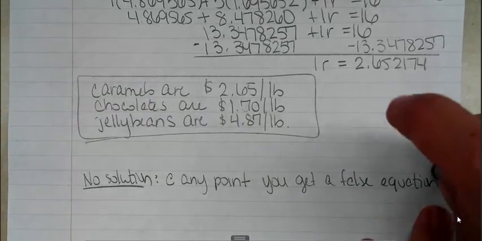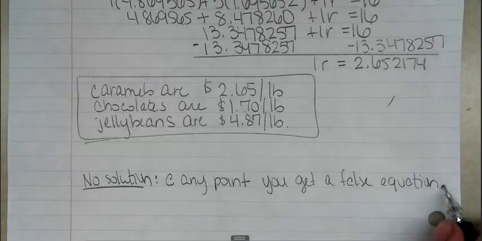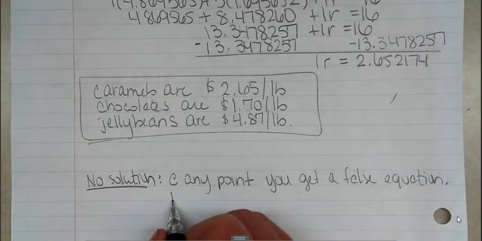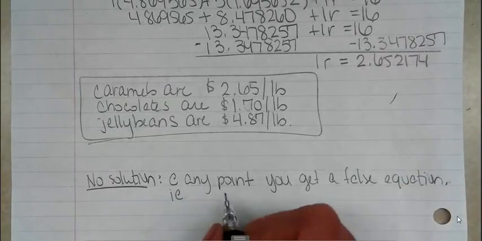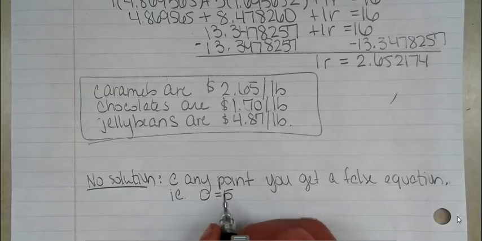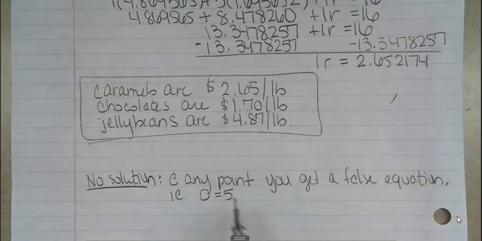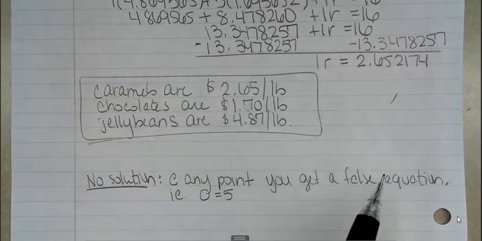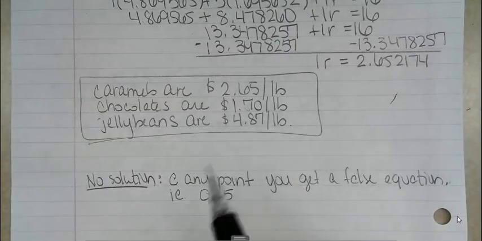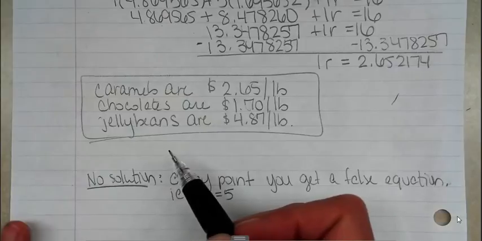That could be, as an example, 0 equals 5, or anything that is just not true. It could be 1 equals 2. None of that is going to be true. So that tells you that there is no solution. There is nowhere in the three-dimensional world where these three planes intersect.